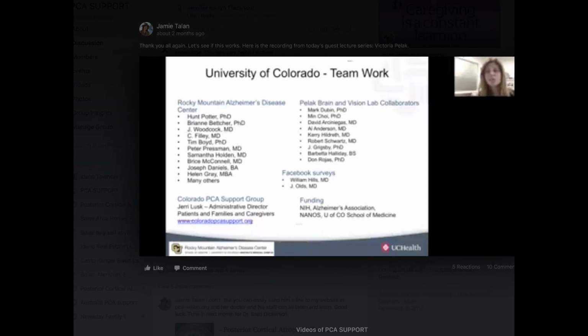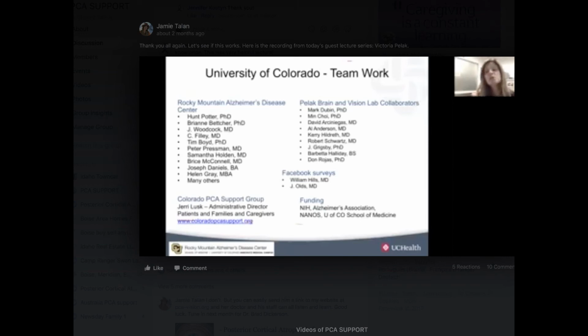Yes, and I think this is one of our most common issues that people have trying to grasp. One way to think about PCA is that PCA may best be described as a syndrome of symptoms caused by a disease. And the most common disease that PCA is caused by is Alzheimer's.